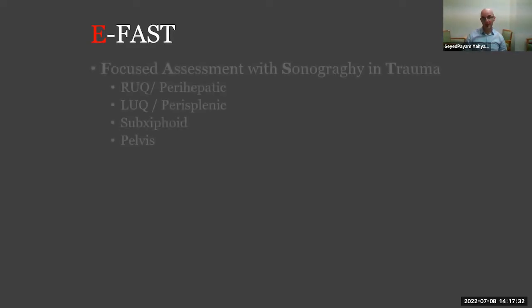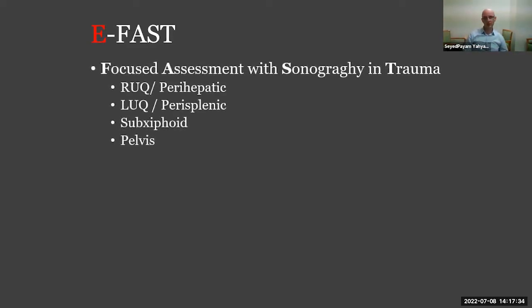So EFAST generally started as FAST, focused assessment with sonography in trauma, which was used to mainly look at the free fluid in the peritoneal cavity and in the pericardial area by looking at mainly four spots: the right upper quadrant, left upper quadrant, suprapubic, and the sub-xiphoid.